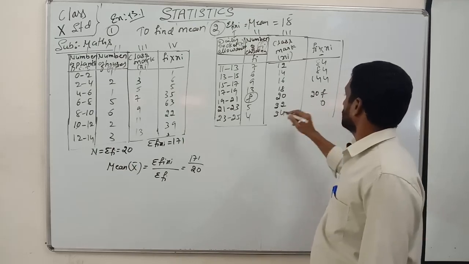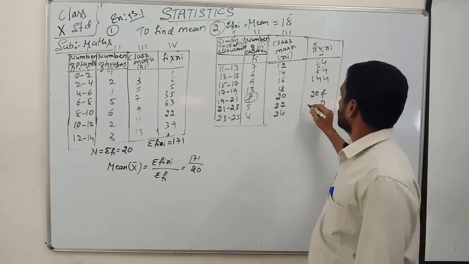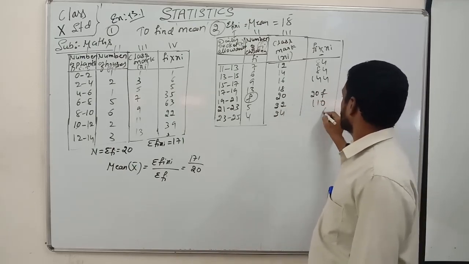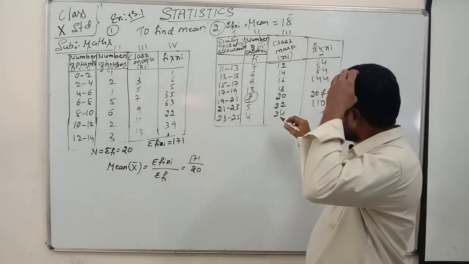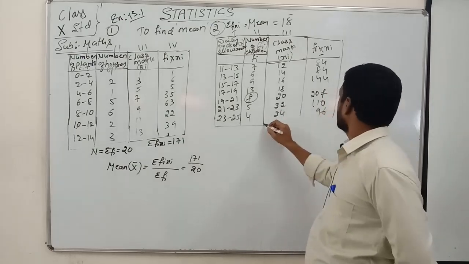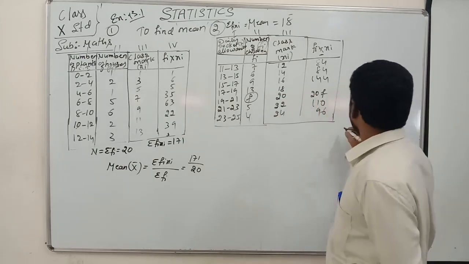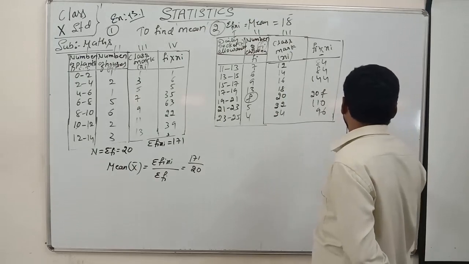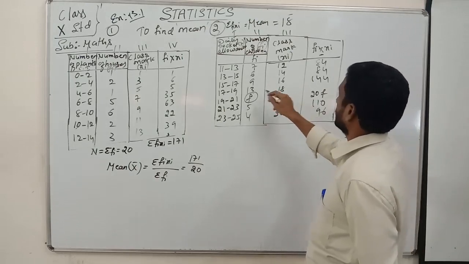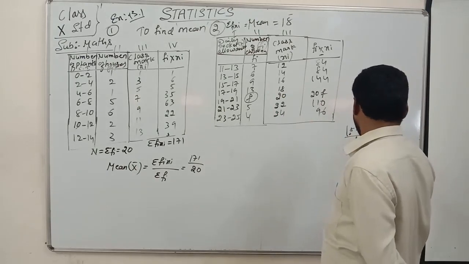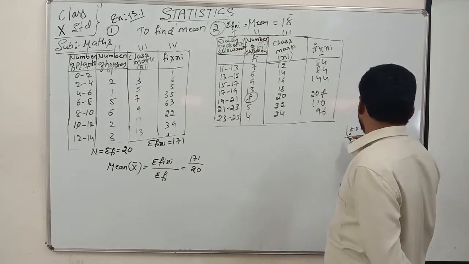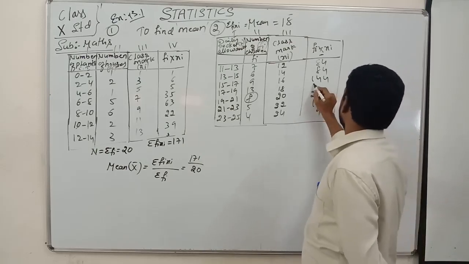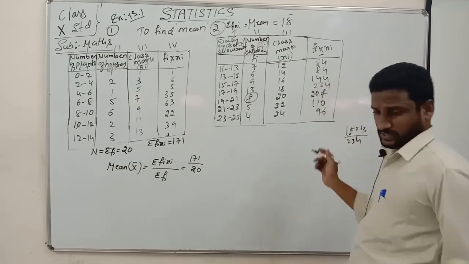Again 2 fives are 10, 2 fives are 10 plus 1, 11. So here 4 fours are 16, 4 twos are 8, 8 plus 1, 9. So this is how much here? You can multiply here. So 18 into 13, 234, I think. So once again you check here.